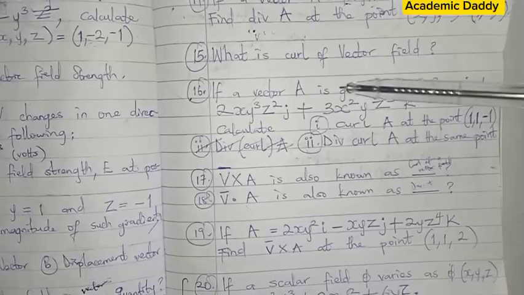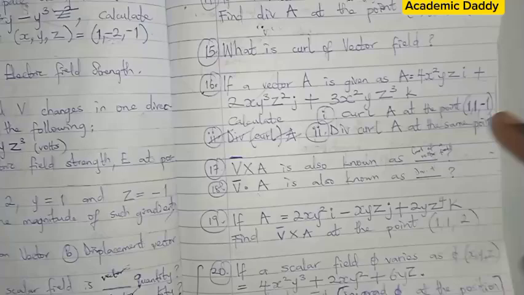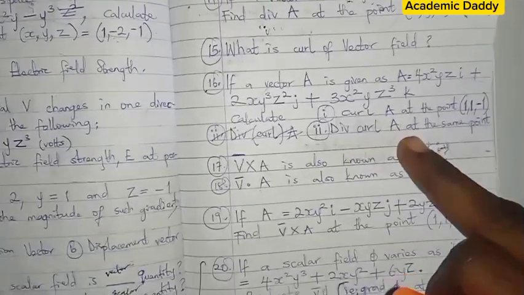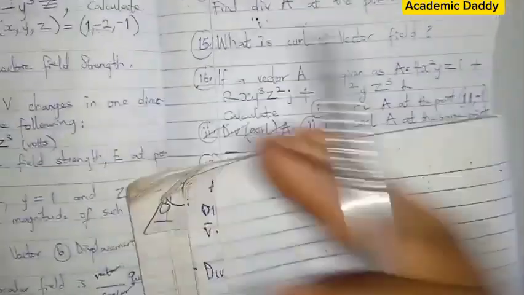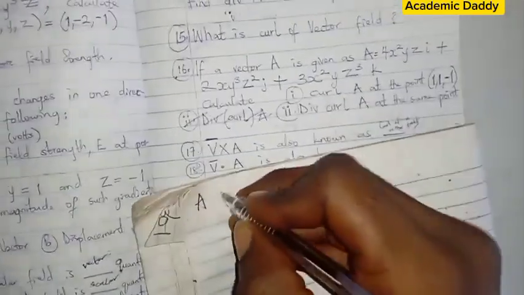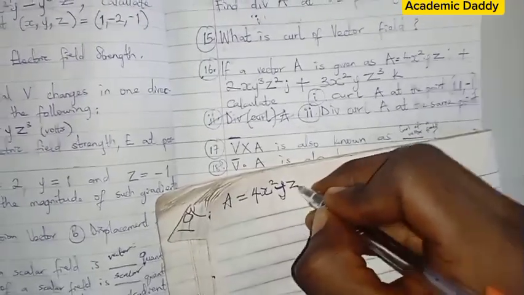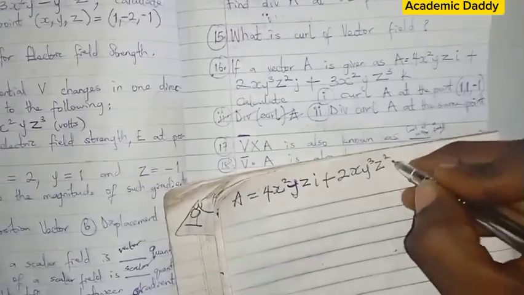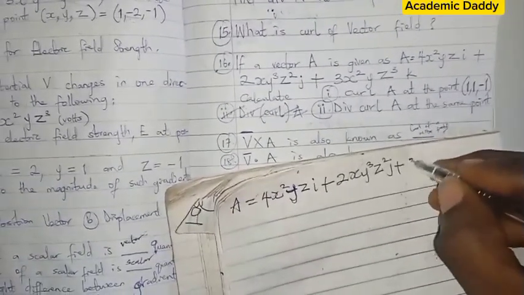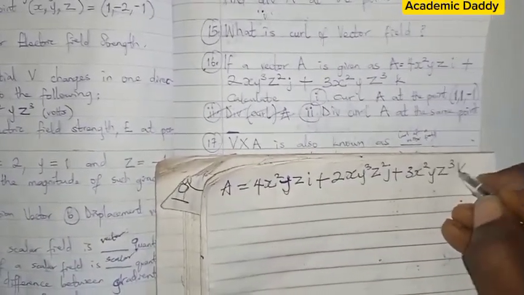So they say if a vector A is given as this, calculate the curl at point 1, 1, minus 1. Then find the divergence of the curl of A at the same point. So let's solve it. With a question, it will make more sense. So I'll have that A is equal to 4x squared yz i plus 2xy cubed z squared j plus 3x squared yz cubed k.